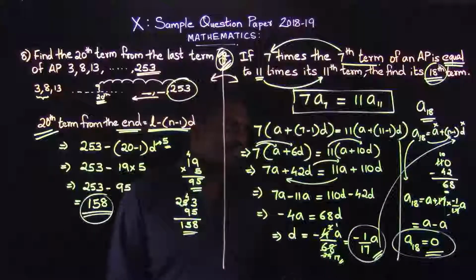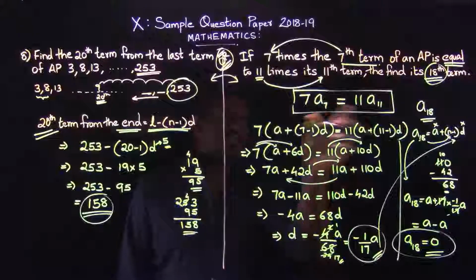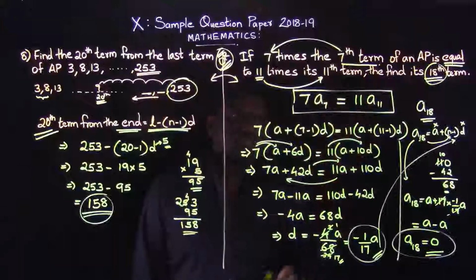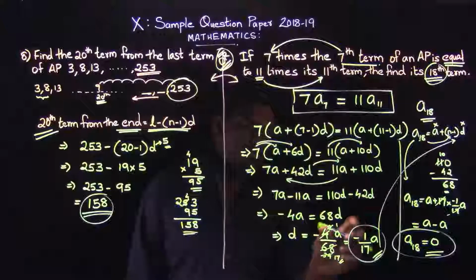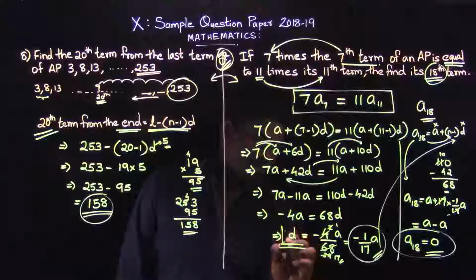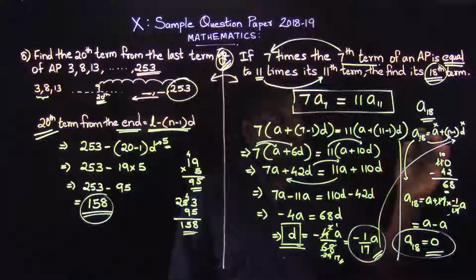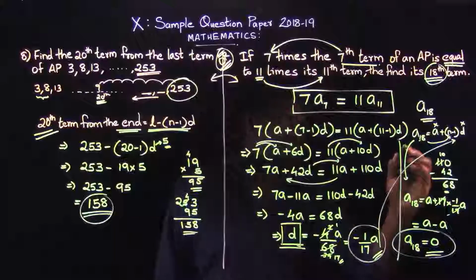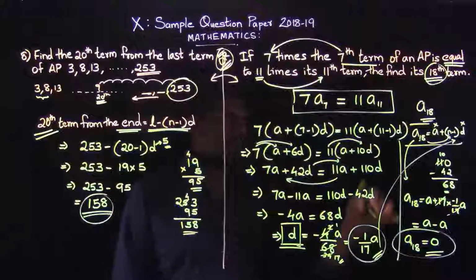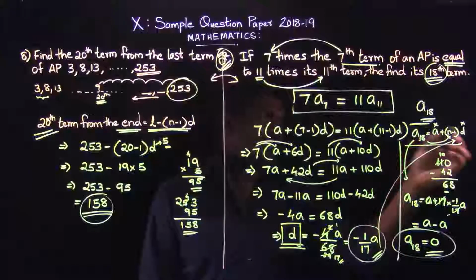Clear? I think there is not much confusion. What I did here was write the conditions which were given, then simplified, and from there I wrote the value of d because I need to substitute somewhere, to make it one variable. So I wrote a18, where I wanted to give the value for a as well as d.